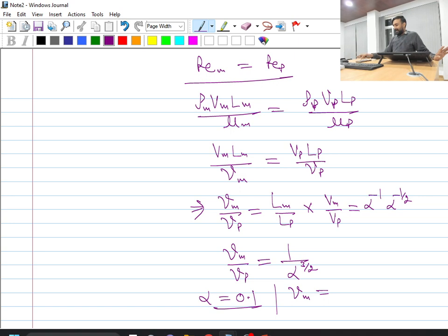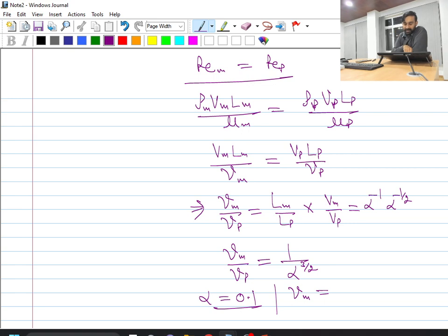So the simple meaning is that whatever the prototype is, of course the prototype will be with the actual, real fluid. Say if I talk about a turbine, the turbine is using water as the fluid medium. If I talk about an aircraft moving in the air, then air is my prototype fluid.